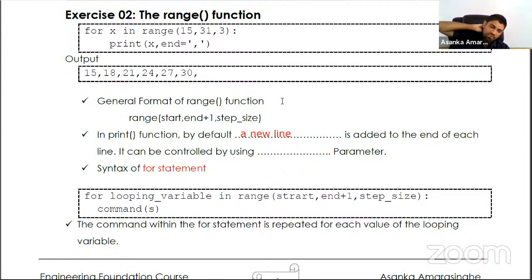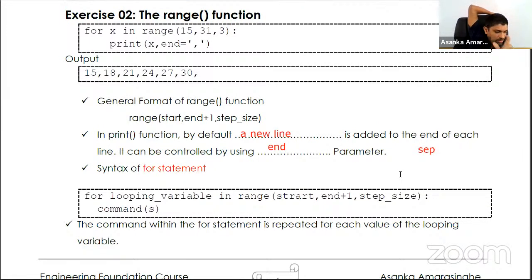Right, it can be controlled by using the end parameter. You can remember the separate keyword, sep parameter, that we use when we are printing several values at the same time. Likewise, by using the end parameter, it is possible to control the way the line ends.